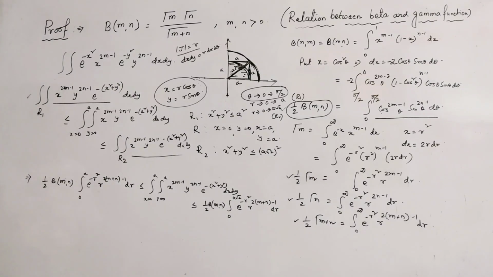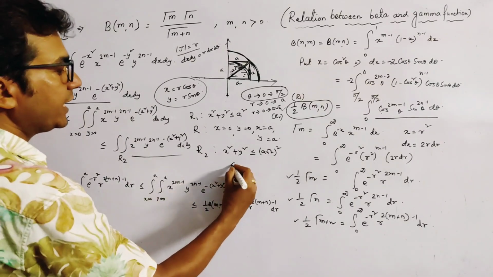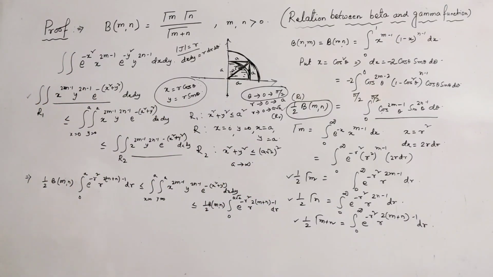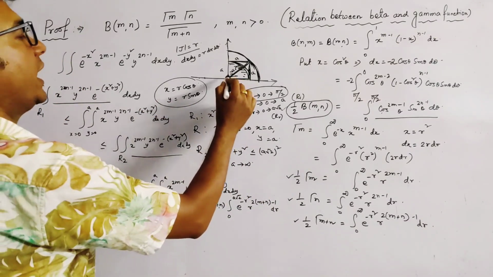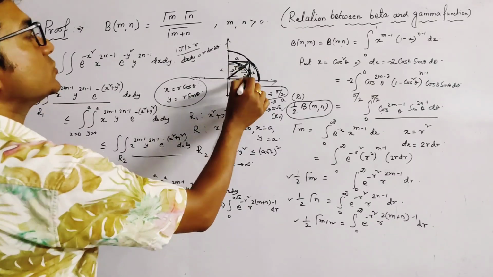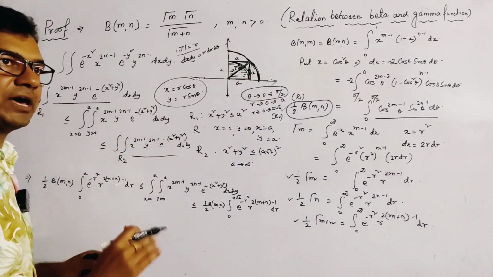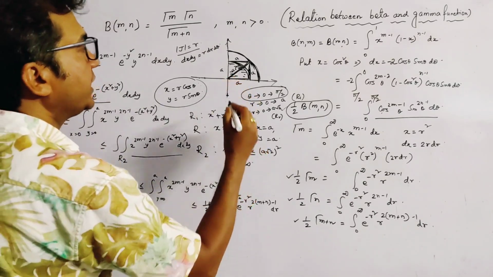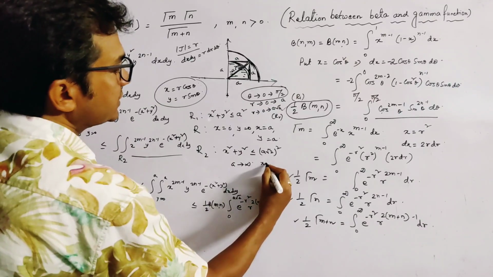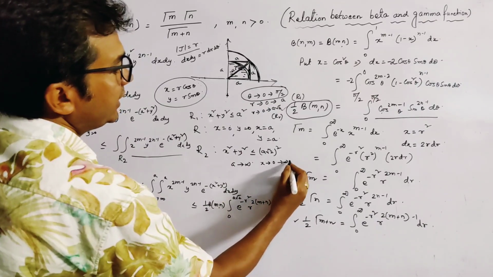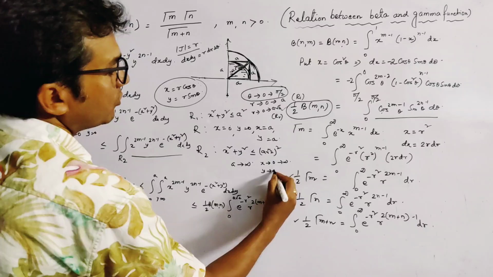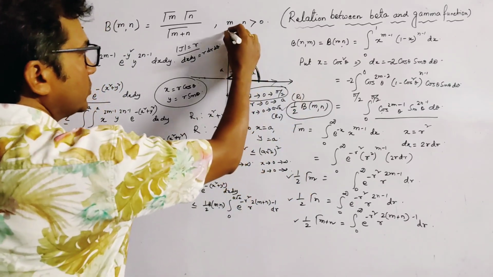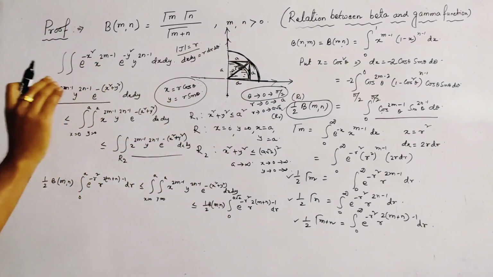Okay, now when we take a tends to infinity, clear? If a tends to infinity, then the radius of the first and the second circle tends to infinity, clear? And so we get the limit of x as 0 to infinity and also y from 0 to infinity. That is the first quadrant or positive quadrant of the xy plane.